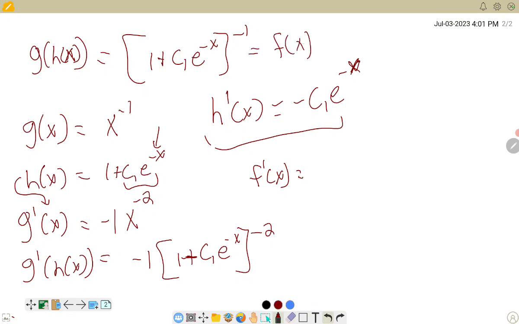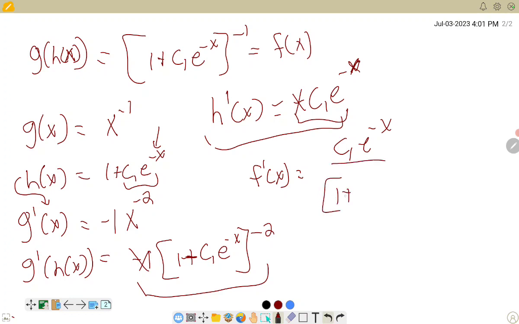Then f prime of x must be this term times this term, and we can move this down into the denominator again. And the minus signs are going to cancel each other. We're going to get a nice c1 e to the minus x divided by 1 plus c1 e to the minus x all squared.